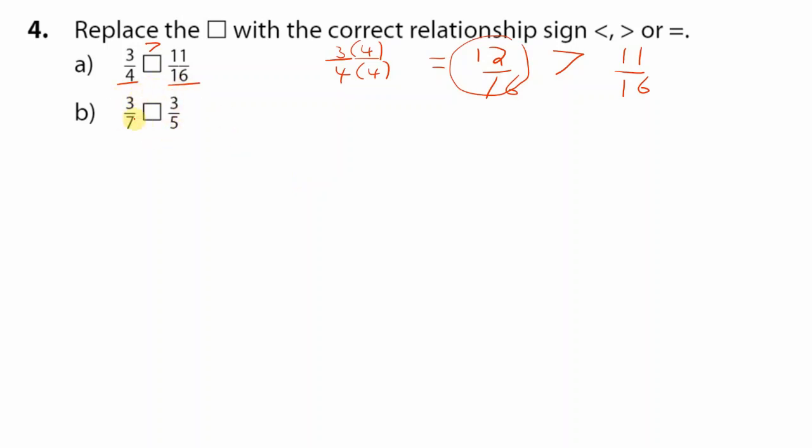So I'm going to ask you to try number B. I'm going to give you a bit of time. See if you can find the solution. So the first step is we will have to get the 7 and 5 both equal.